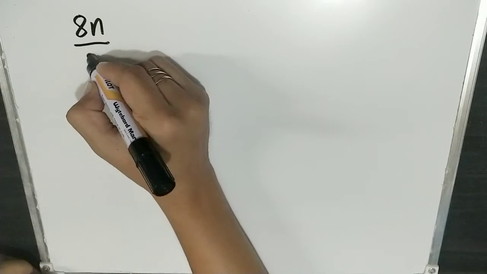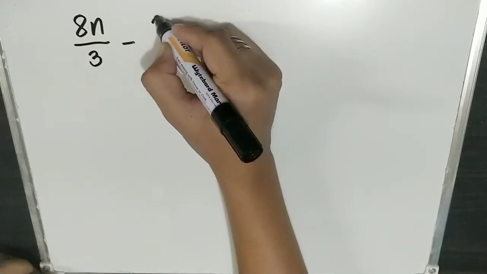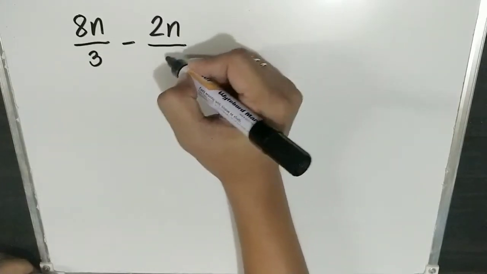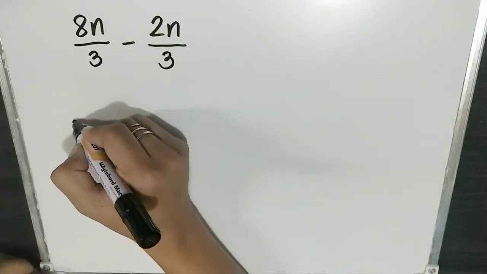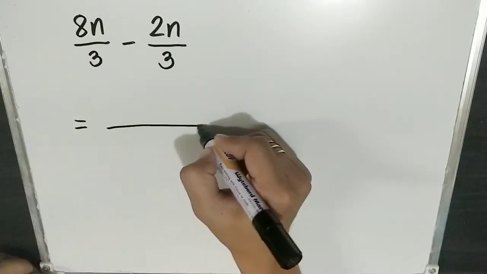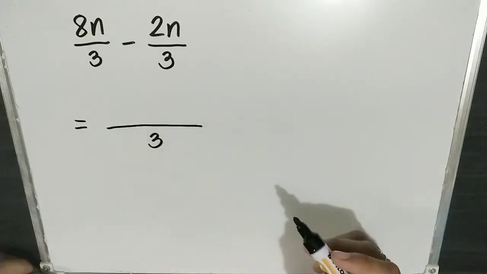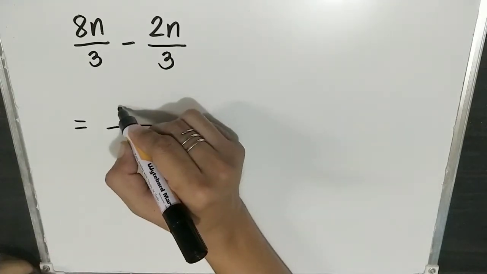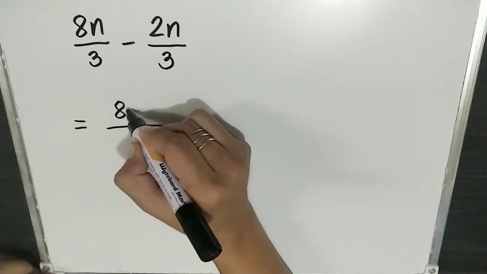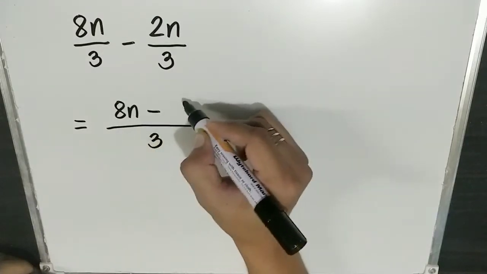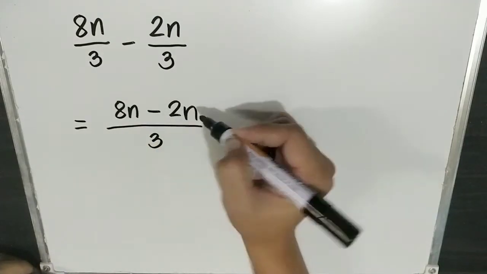8n over 3 minus 2n over 3. So we will copy the common denominator, that is 3. Then just subtract the numerators, 8n minus 2n.